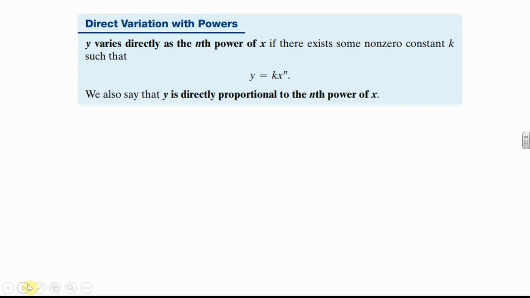It's direct proportion, so y is equal to some k, that constant, times x to the nth power. It could be indirect, and then the power may go downstairs, based on how it's worded. It could be a whole number power, or a fraction power, which we call radicals. Like x to the 1/2 power is just the square root of x. So you may see those statements in the problem.